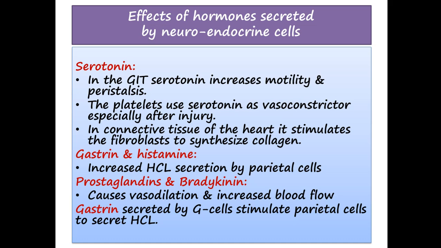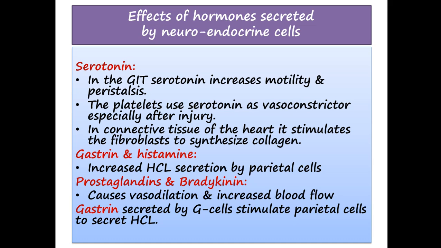The chief cells secrete pepsinogen, which is acted upon by the HCl produced by the parietal cell and is converted into pepsin, which causes breakdown of the proteins into polypeptides. And these polypeptides are further broken down in the small intestine into component amino acids, which are used for various metabolic purposes in the body.